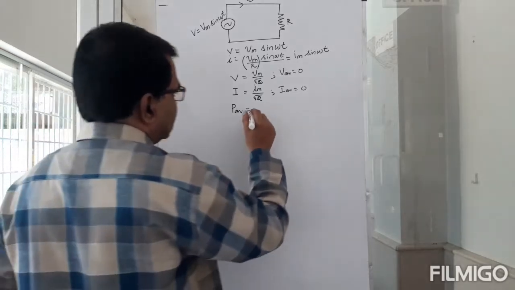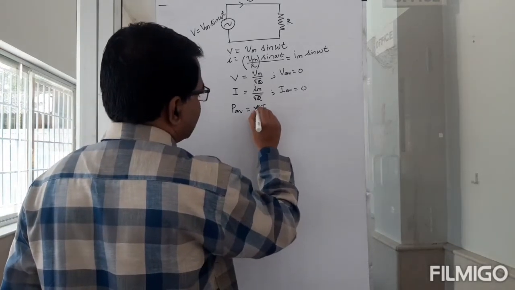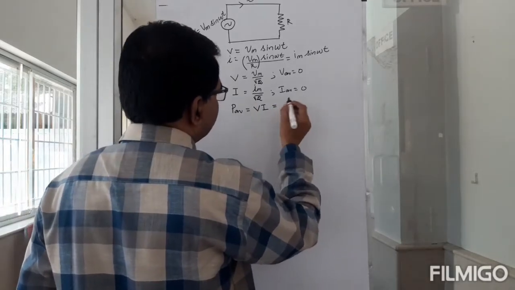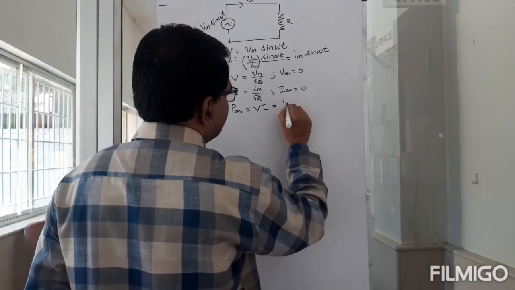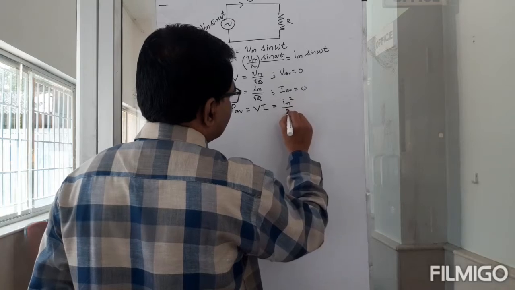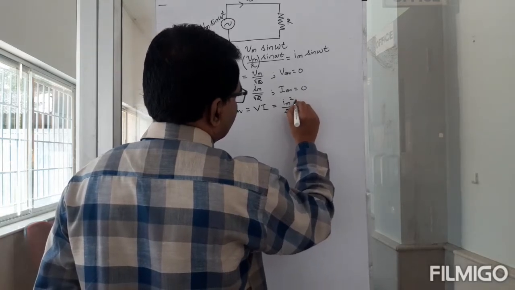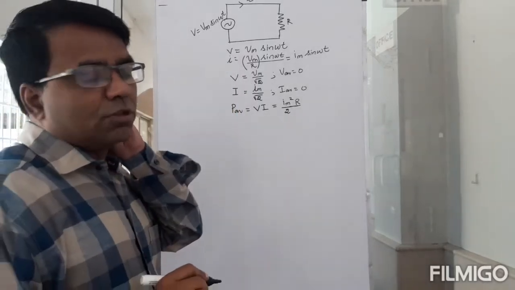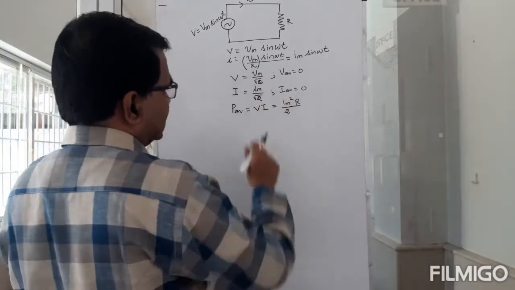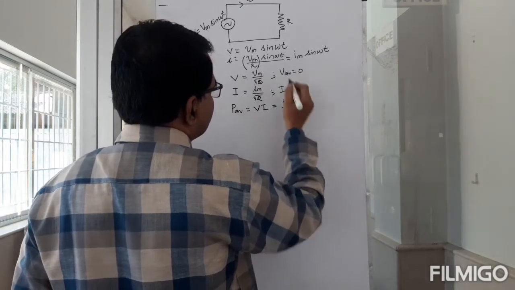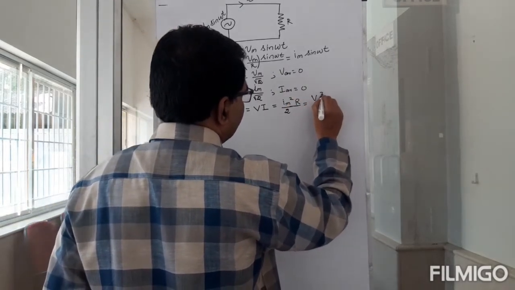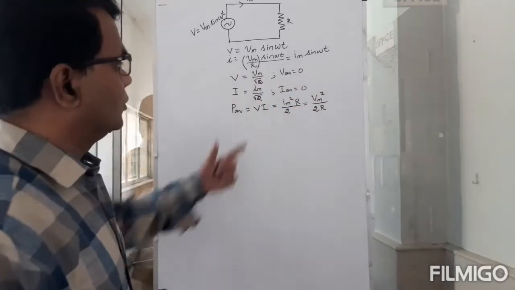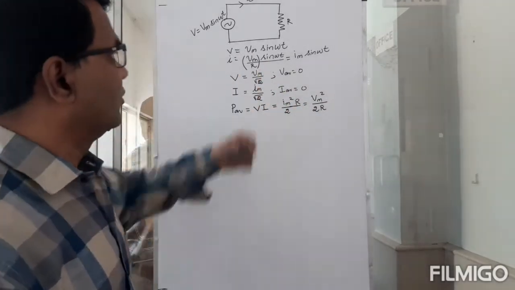Average power was Vrms into Irms, or this was also equal to Im squared R by 2. This was the other equation, and it was also equal to Vm squared by 2R. So all these are equivalent.